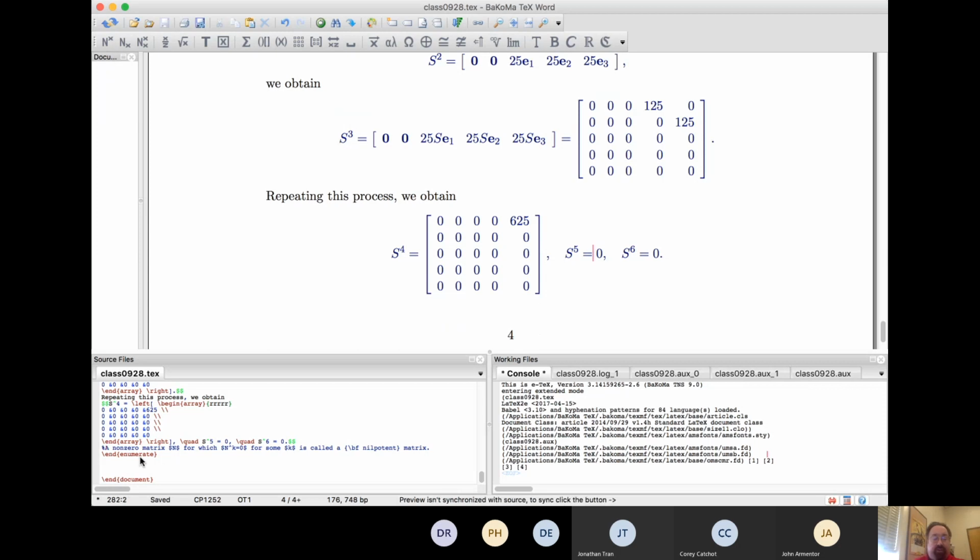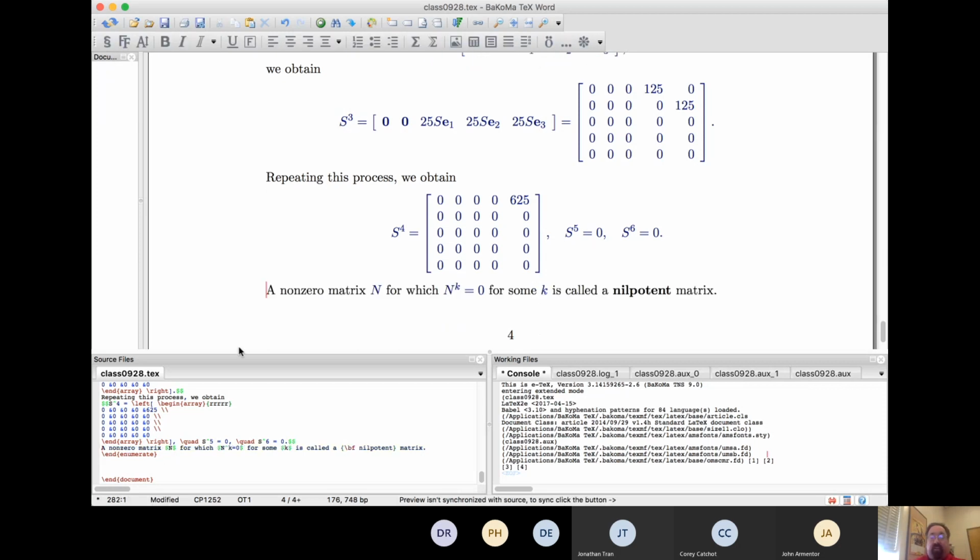So a term to describe this, so if you have a non-zero matrix that becomes 0 after raising it to a certain power, that's called a nilpotent matrix. So S is an example of that.